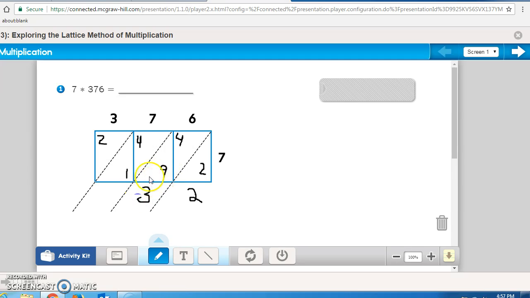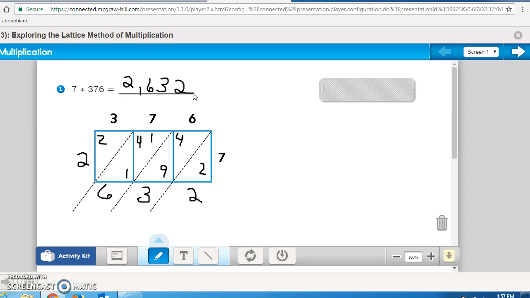I put the 3 down, I carry the 1, and notice how I put it inside the box so I know to add it in my next column. 4 plus 1 is 5, plus 1 is 6. And again, 2 plus nothing else is 2. My answer is 2,632. Now I've showed you how to multiply a 2-digit by 1 digit and a 3-digit by 1 digit.